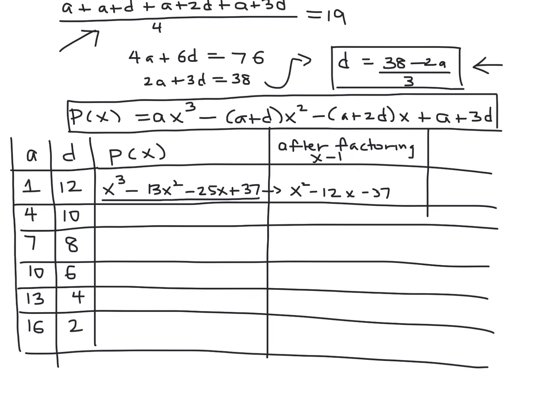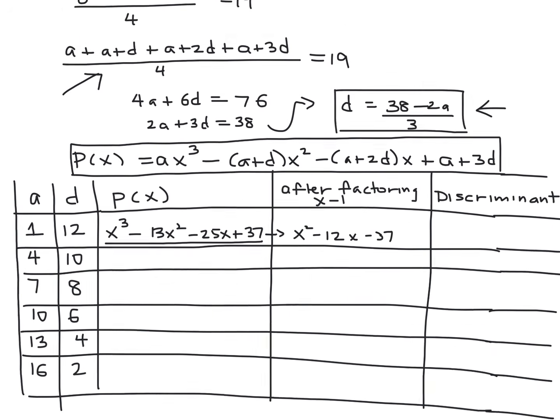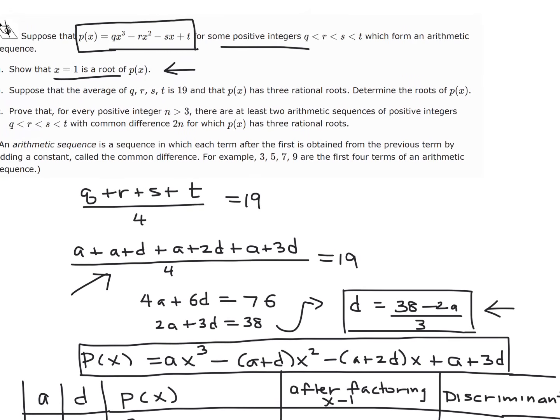Yeah. And then we have to figure out the discriminant. And the reason that is important is because of something they mentioned in the question. If you go back right here, where is it? Yeah, 3 rational roots.